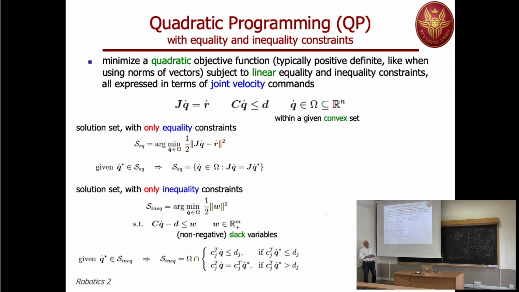So what happens when we are dealing only with inequality constraint? So we introduce a concept which is well known in operation research and in optimization methods for linear and nonlinear systems.